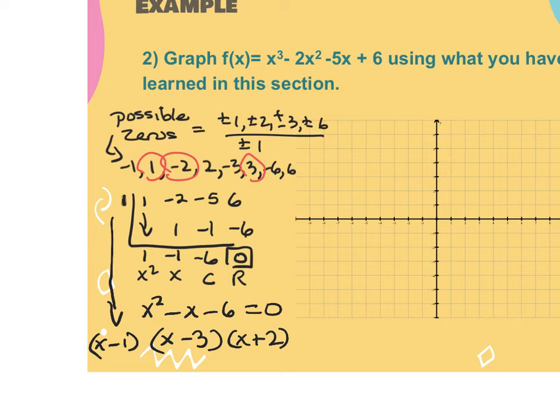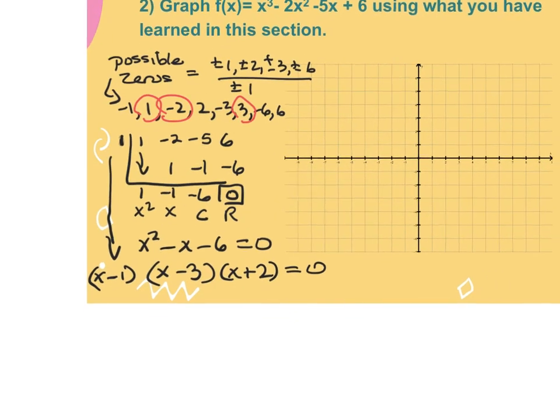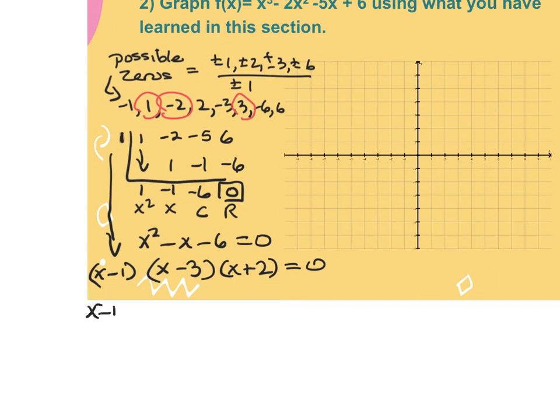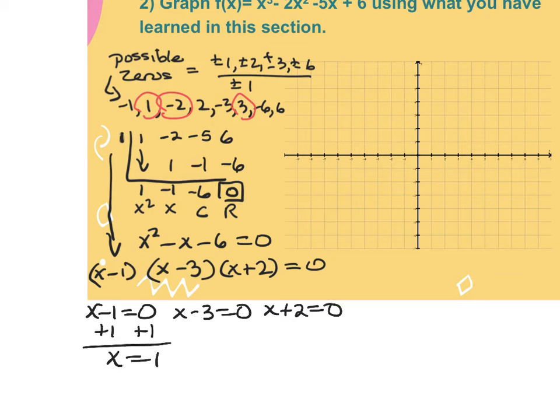These are the factors, but really we don't want factors, we want zeros because we're graphing. So set each of the factors equal to 0. We're going to calculate our zeros. x equals 1, add 3, x equals 3, subtract 2, x equals negative 2.